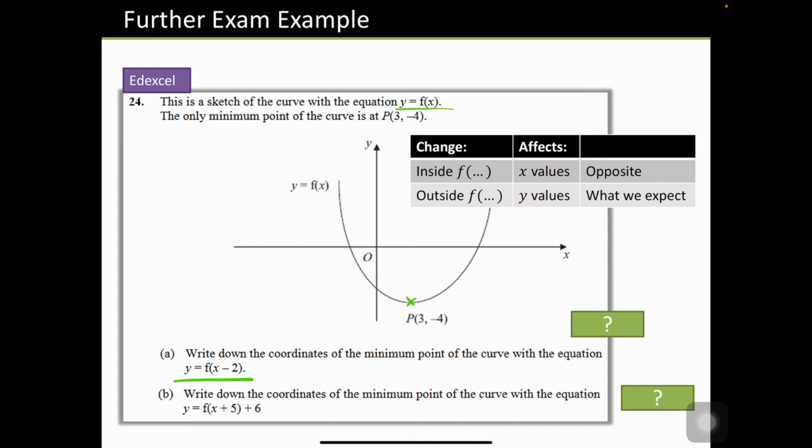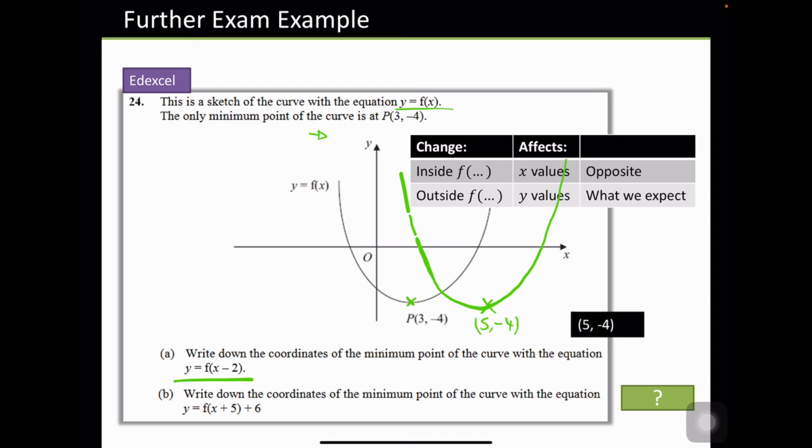So I know we're going to have to move left or right. Because it's negative, we will have to move to the right 2 spaces. So it's going to look something like this. And our new minimum point will be 5, -4.